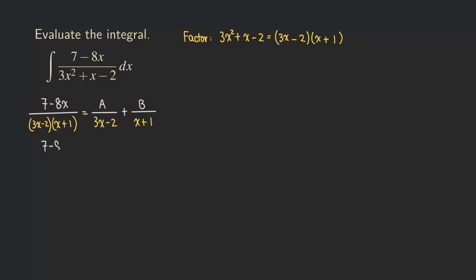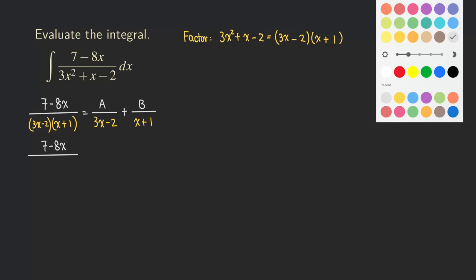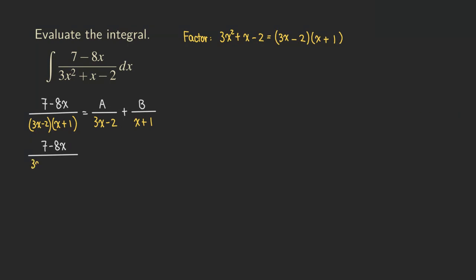So we are going to get 7 minus 8x right here, and the bottom is still 3x minus 2 times x plus 1. What about this A right here? We have the A over 3x minus 2.